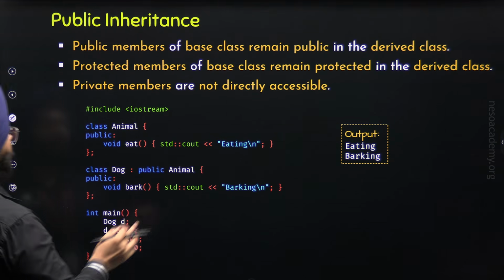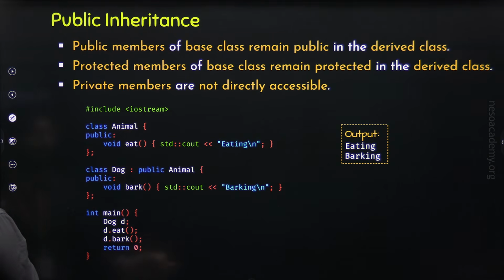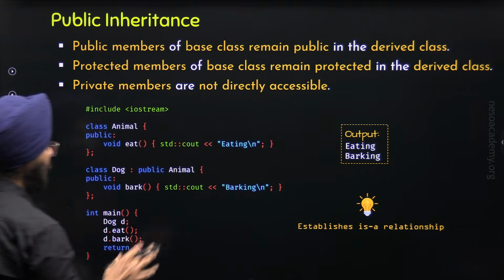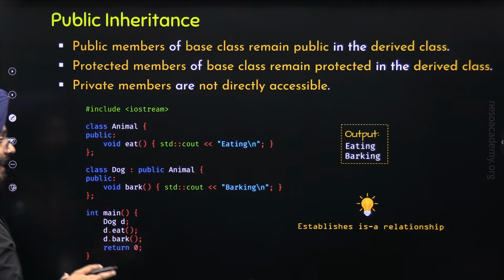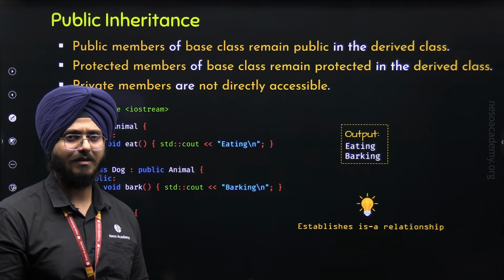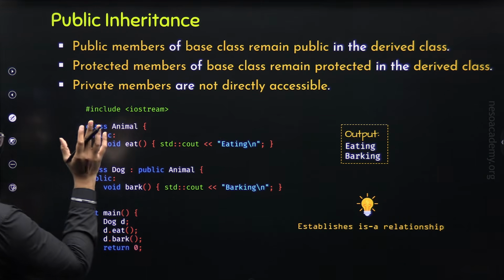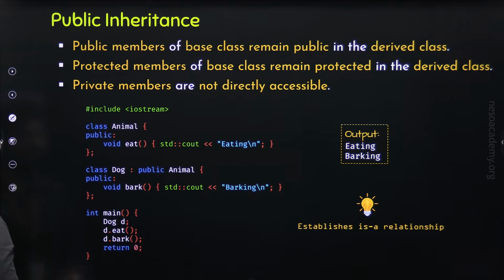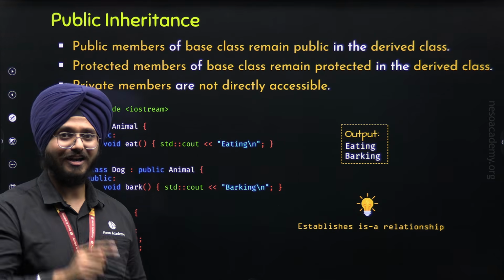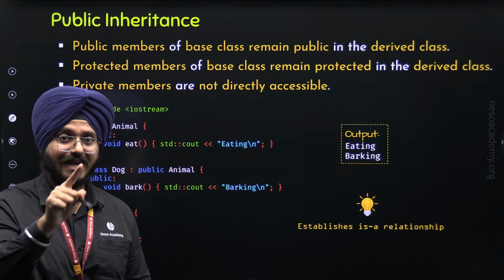I would also like to mention that public inheritance establishes an is-a relationship between base class and derived class. Now, what does this mean? Let's understand this through this example. Here we have an is-a relationship between dog and animal. Dog is an animal.